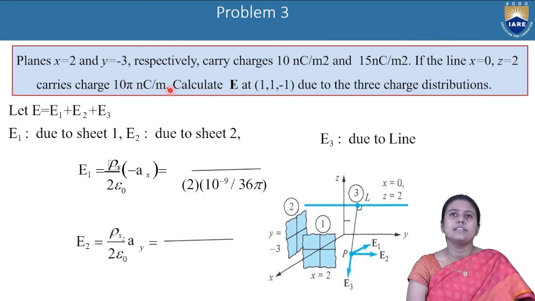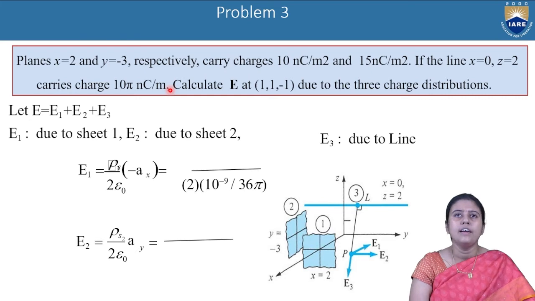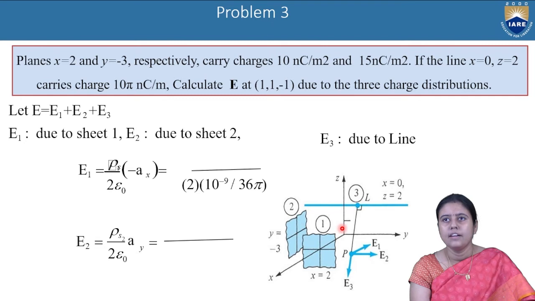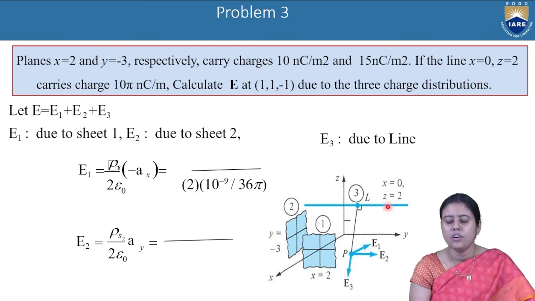The line charge density is given as 10 pi nanocoulomb per meter. Calculate the field intensity for the 3 charges, 1 charge, 2 charge and 3 charge. Calculate E at (1, 1, 1).